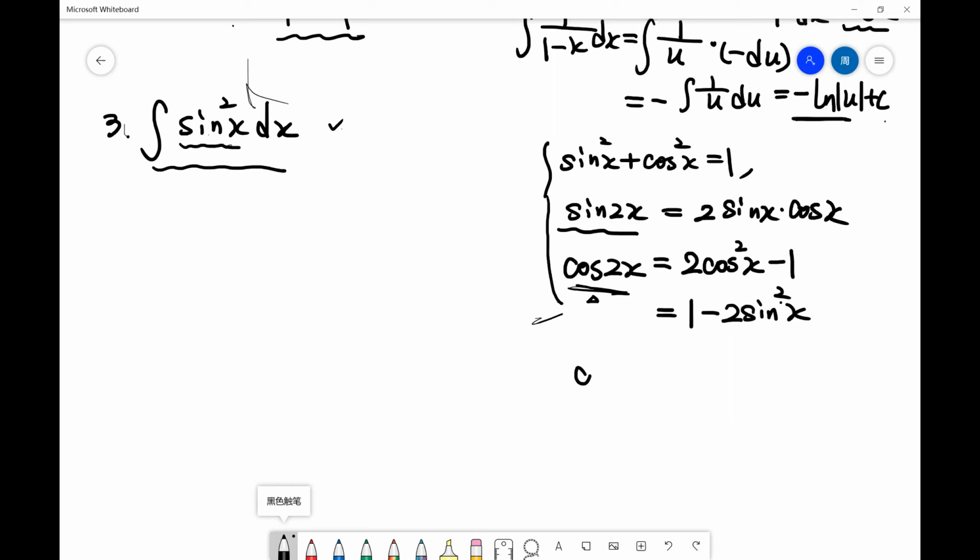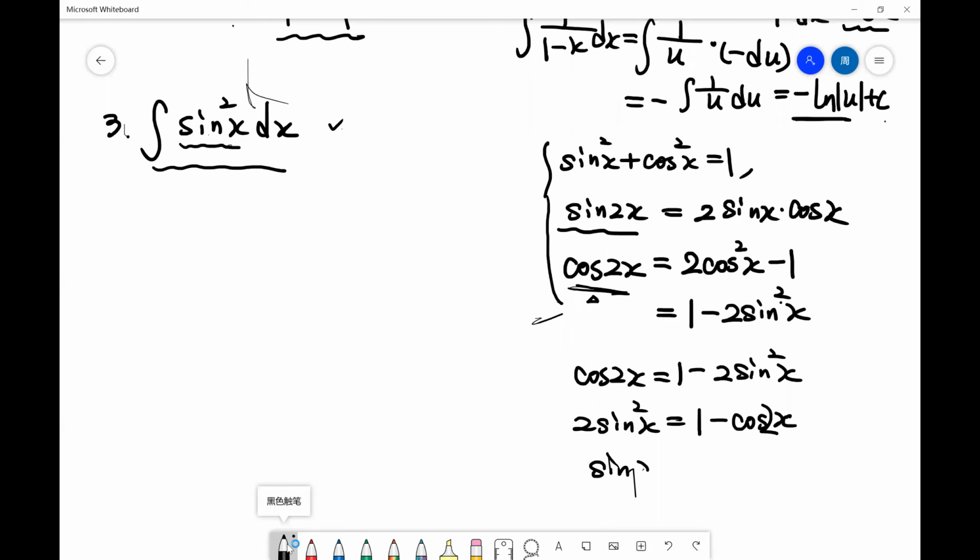So we know that cosine 2x equals 1 minus 2 sine x squared, right? So we know that 2 sine x squared equals 1 minus cosine 2x, right? So sine x squared equals 1 minus cosine 2x, all over 2, right?